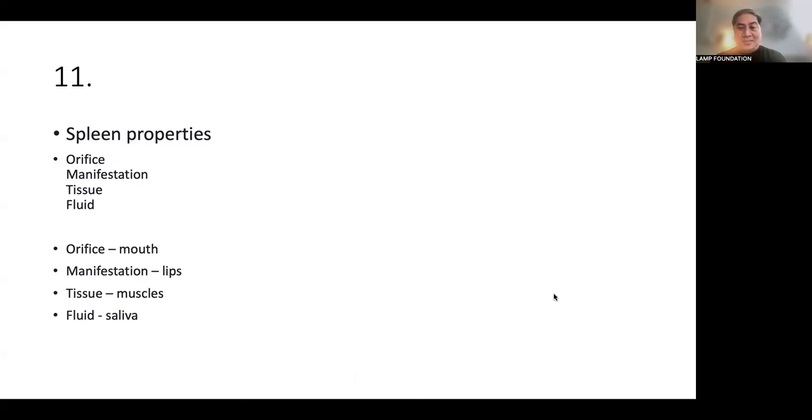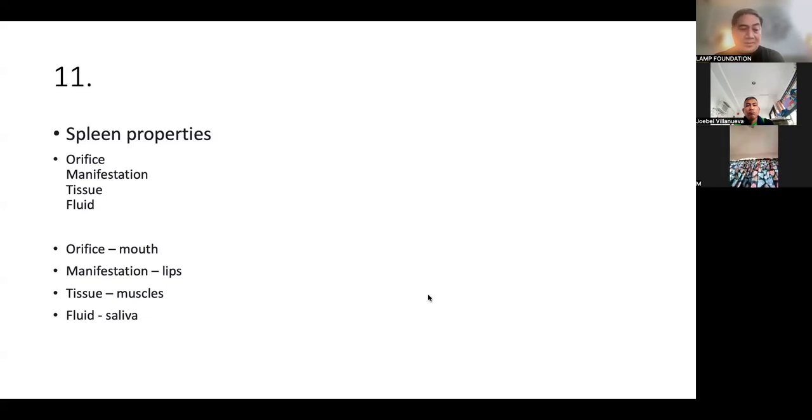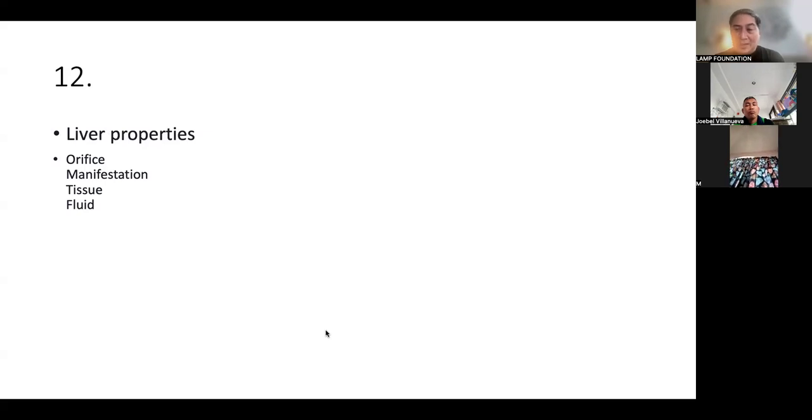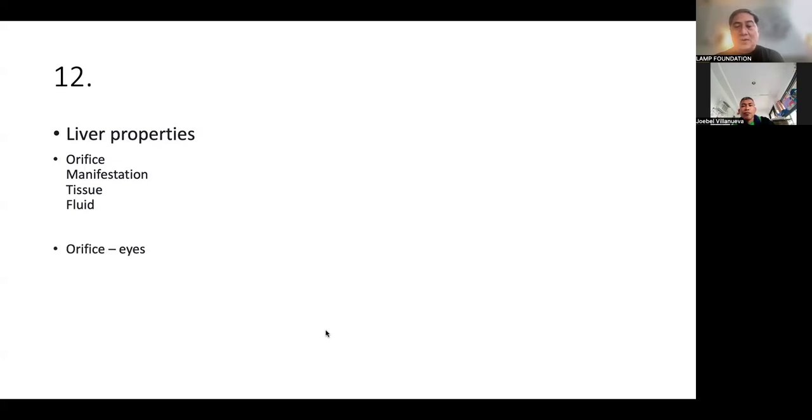Take your time. Yes. Now, for the spleen, I think we're done with this. Liver naman, the orifice is for the eyes. So when you say orifice, that means the liver opens into the eye, no? Manifestation, it manifests in the nails.